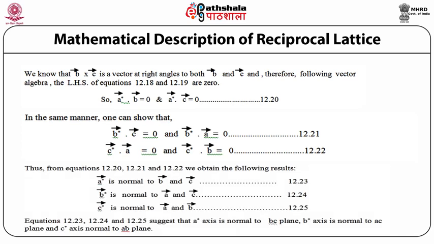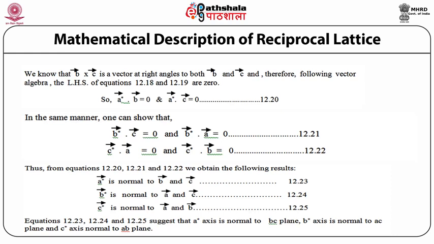Thus, from equations 12.20, 12.21 and 12.22, we obtain the following results. A star vector is normal to B vector and C vector, given as equation number 12.23. B star vector is normal to A vector and C vector, given as equation 12.24. C star vector is normal to A vector and B vector, which is given as equation 12.25.